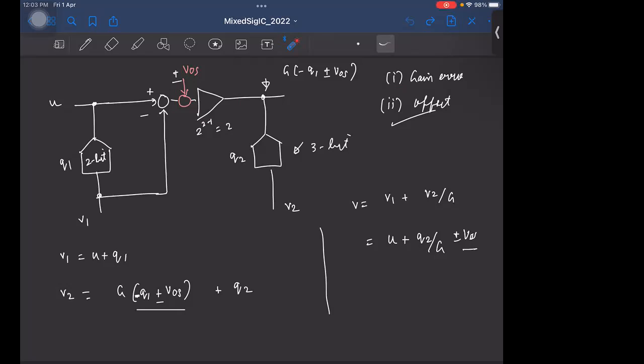And the offsets on the succeeding stages get divided by the gain that is seen before. The only thing to be careful about is that this offset is not so large that it can saturate the next ADC, right? Because the input to the next ADC is this gain times the quantization noise plus offset. And in most cases, since we are already using a smaller gain here, this might not be a problem.